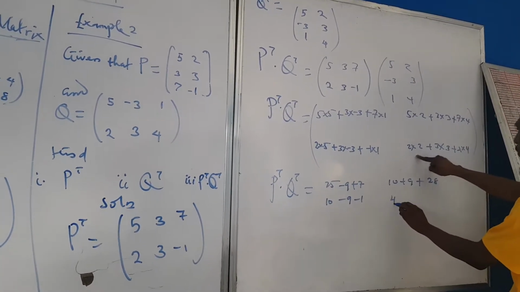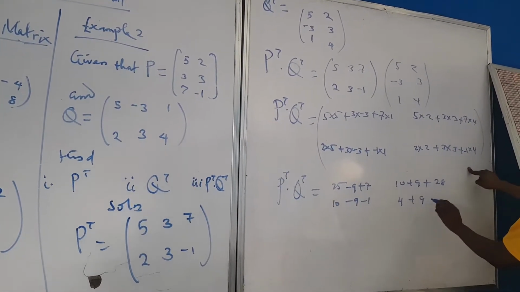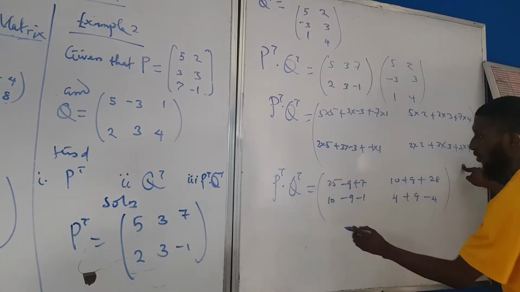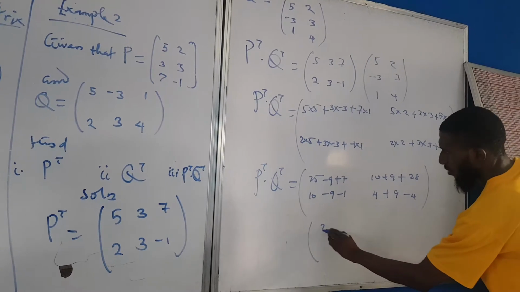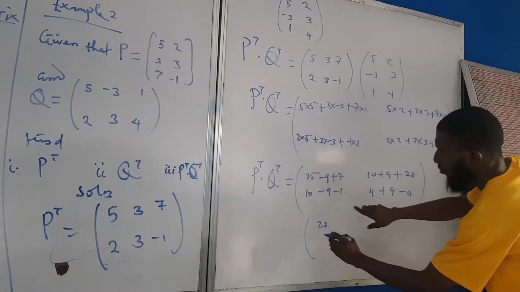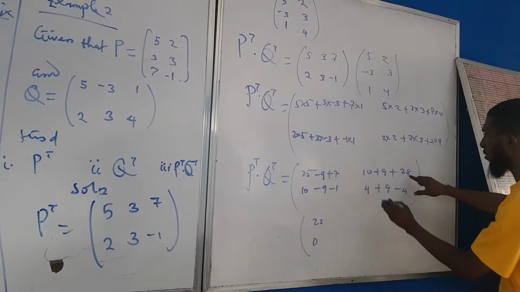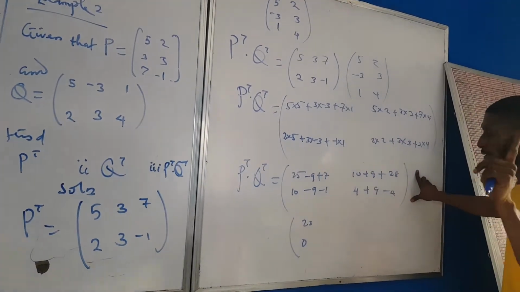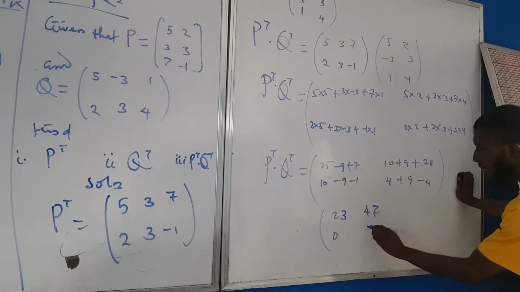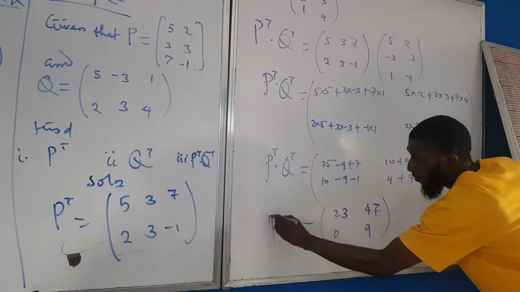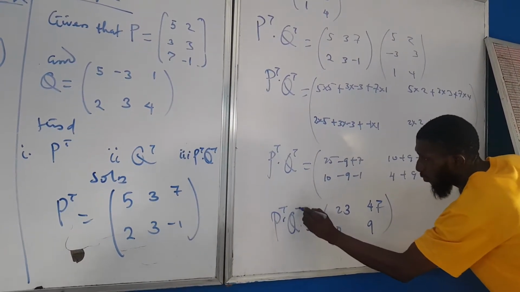This one is 4 plus 9 minus 4. Then from here, this one will be 23, this one will be 0, then this one is 47, while this one is 9. And that is the P transpose times Q transpose.